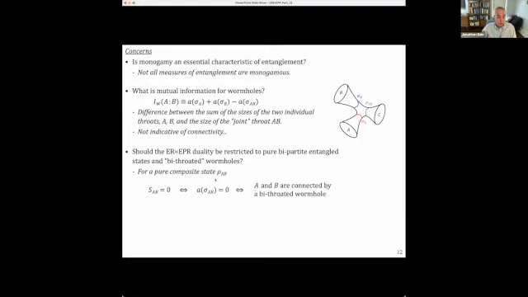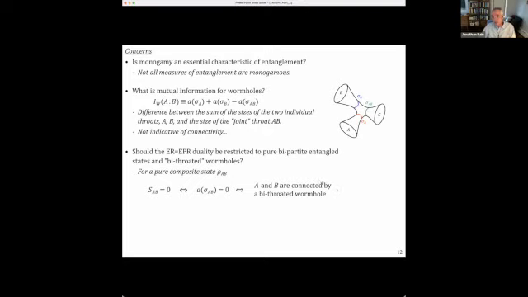So for a pure composite state, rho AB, the von Neumann entropy of it is 0, and presumably under ER equals EPR, that entails the area of the minimal area cross section AB is 0. In other words, there is no third region that A and B are connected to. So regions A and B are in this case connected by a bi-throated wormhole.